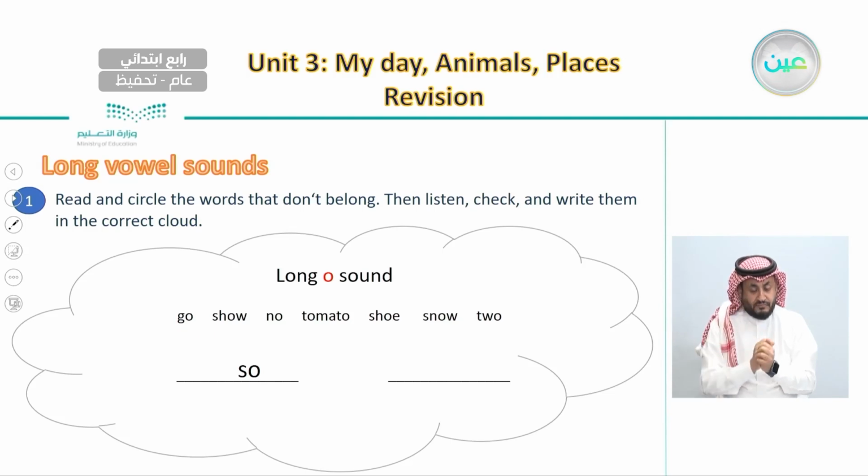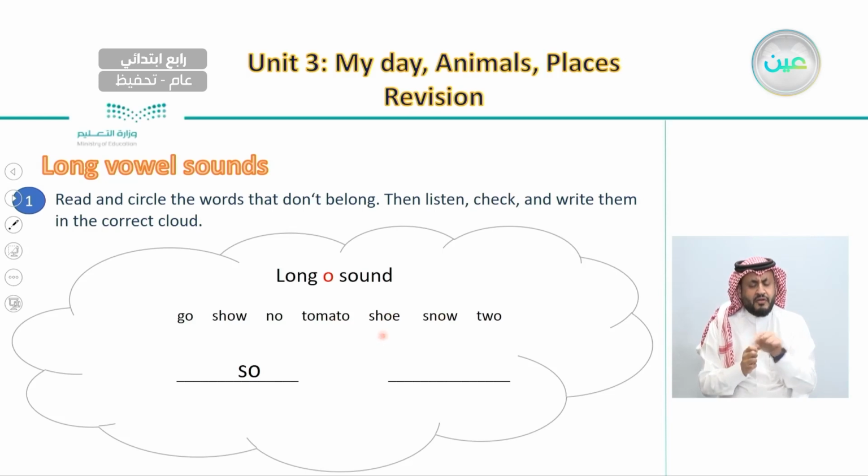Go. Show. No. Tomato. Shoe. Snow. And two. So here we have go, show, no, tomato, snow, and shoe.